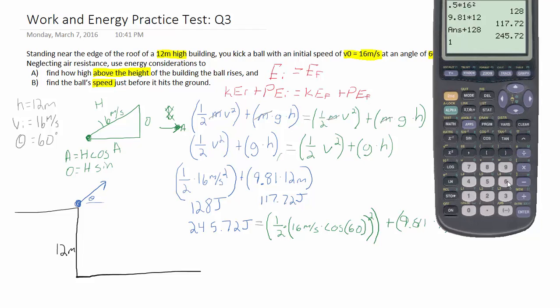So 16 times the cosine of 60 is 8. And then this will be 8 squared, which is 64. And then we need to multiply that by the 1/2.